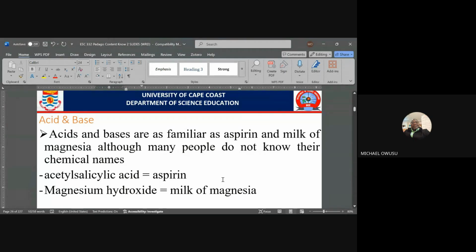Have you heard of aspirin? The medicine aspirin. What can you tell me about aspirin, and what can you tell me about milk of magnesia?